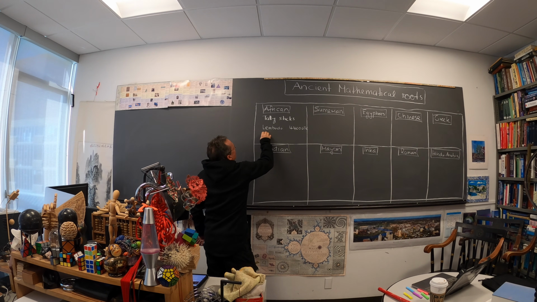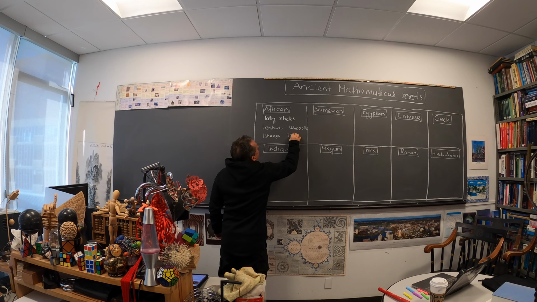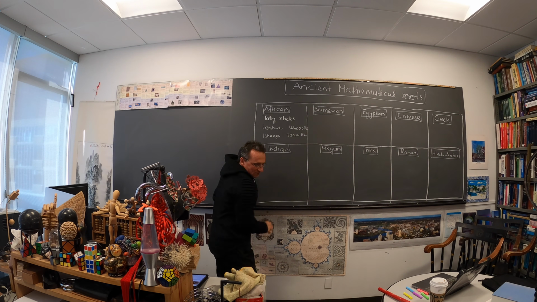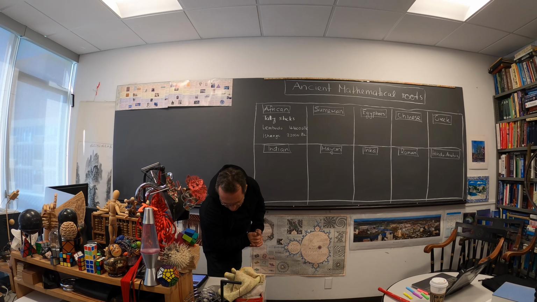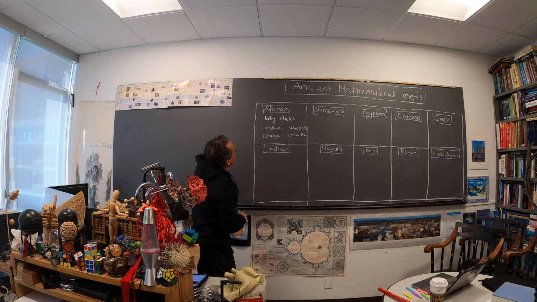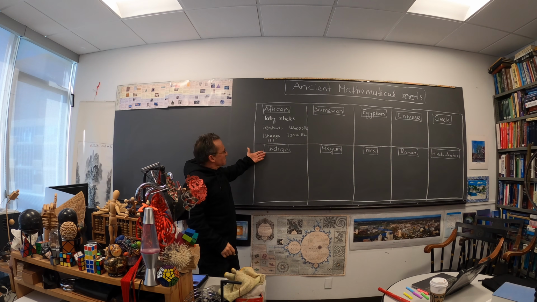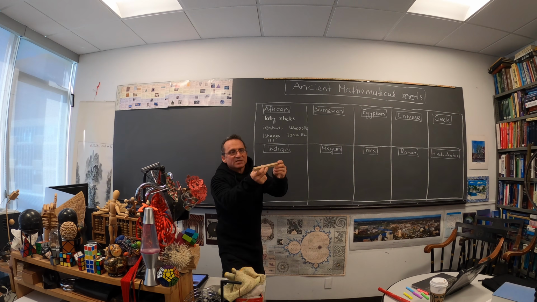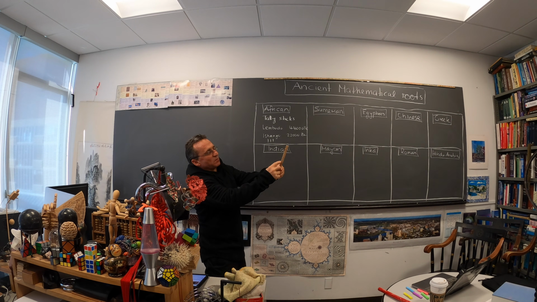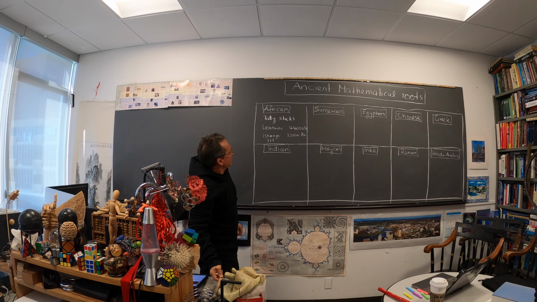And Ishango. So there are no numerals here. These were just marks on sticks like this. This would be a number 1, 2, 3, 4, 5, 6, 7, 8, 9, 10. So no number yet associated to this.